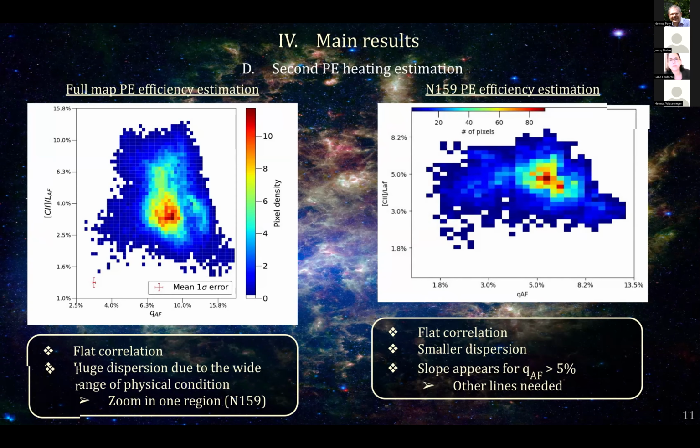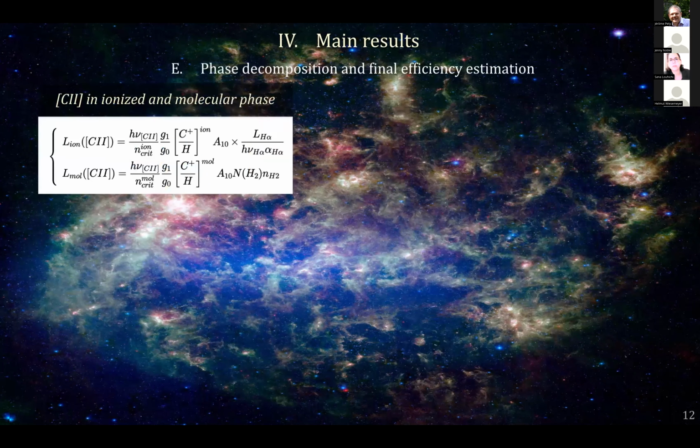And what we did is that we used the ancillary data to model the C+ luminosity from the ionized phase, which is proportional to the H alpha luminosity, and also the C+ luminosity from the molecular phase, which is proportional to the column density of H2, also proportional to the CO 2-1 map.